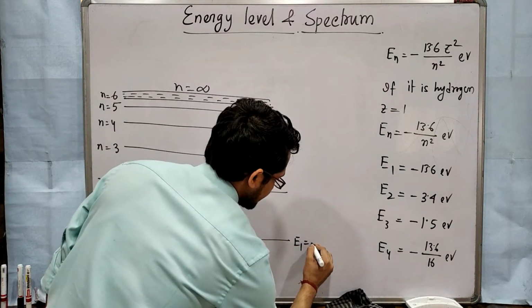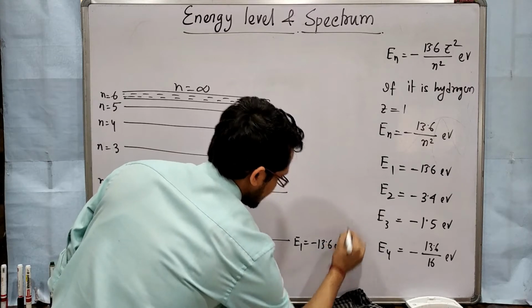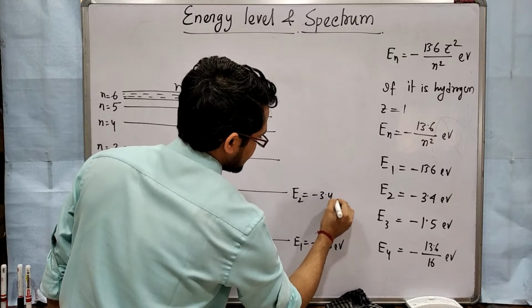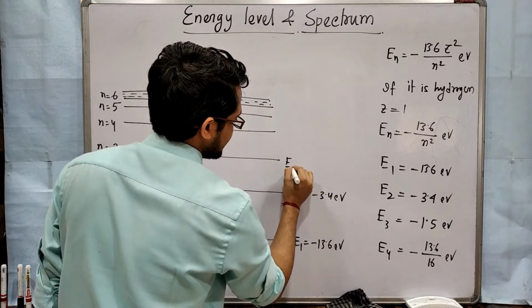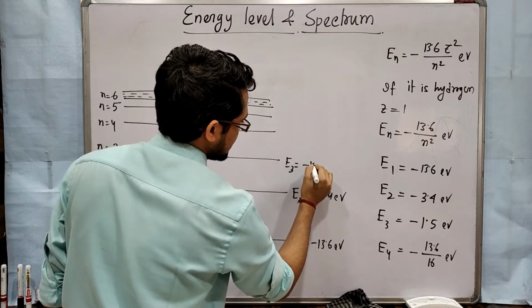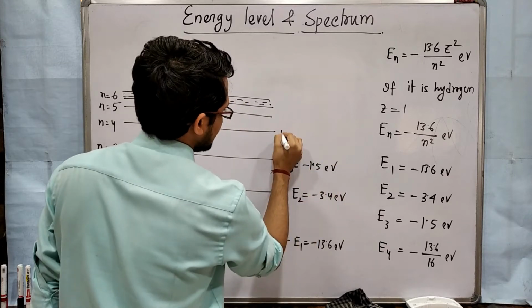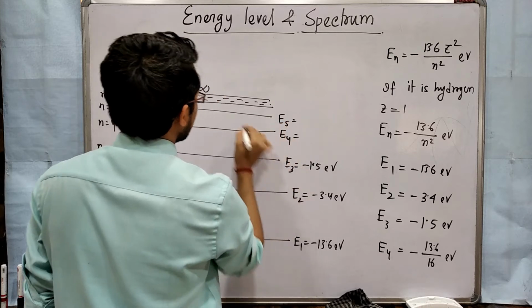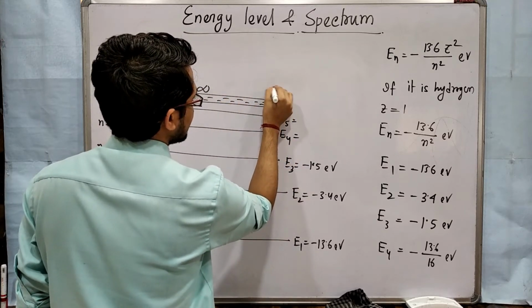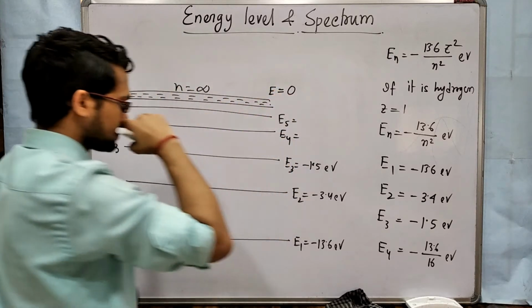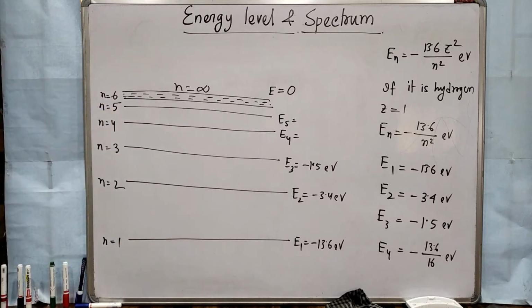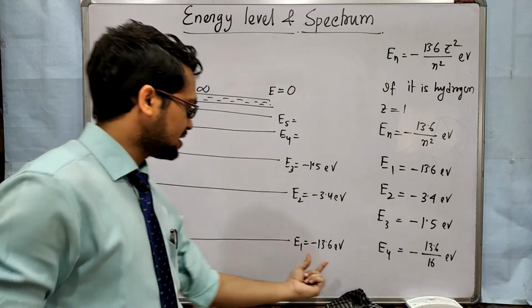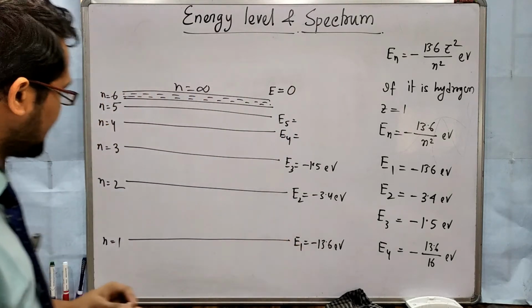E1 minus 13.6 electron volt, E2 minus 3.4 electron volt, all the energies will be negative, minus 1.5 electron volt. Then E4 and E5 you will calculate, and at the end, at n equal to infinity, E will be 0. Clear? So this is the maximum energy and this is the minimum energy.